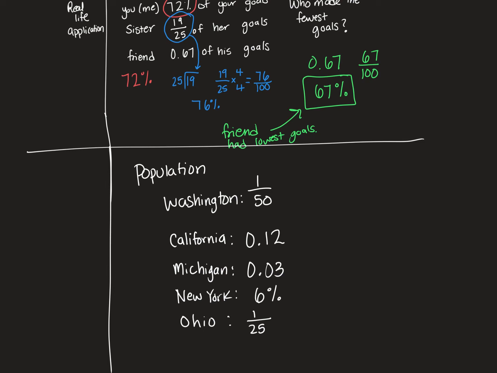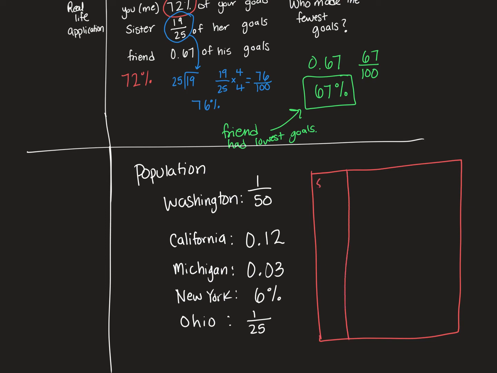So the book actually tells us to organize our data, and I want to organize our data as well. I like the way the book has it for you guys. Write the state.